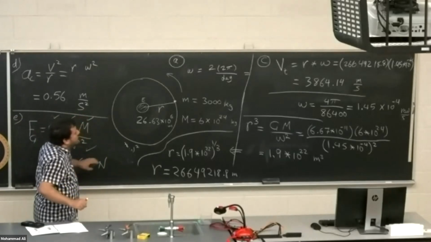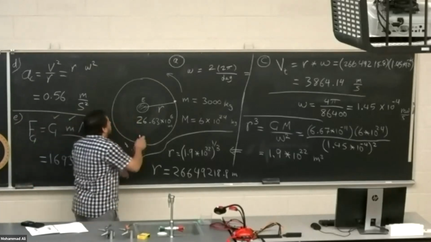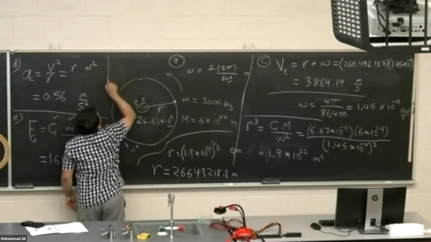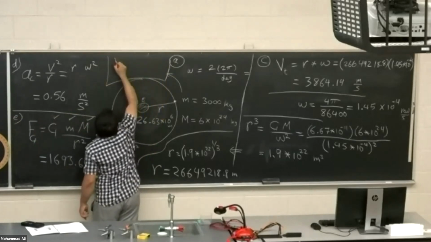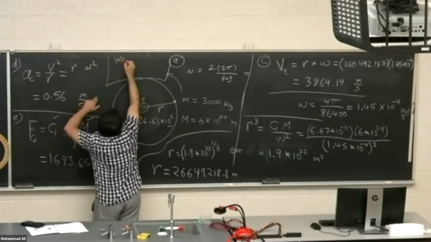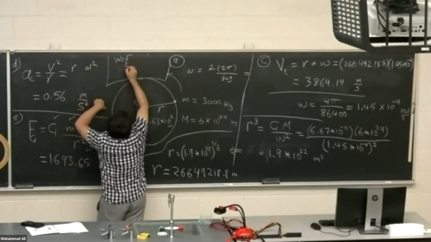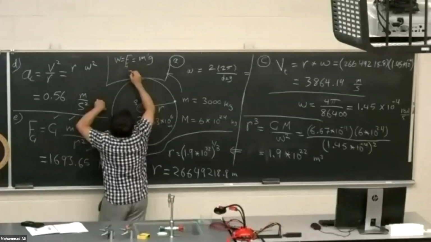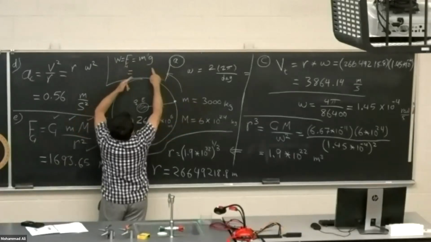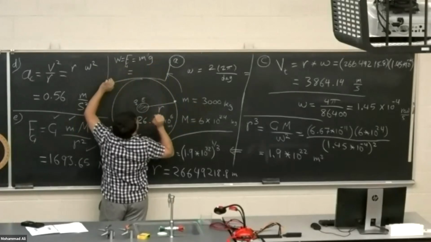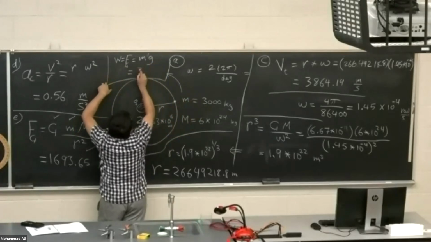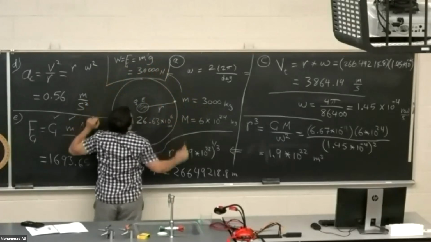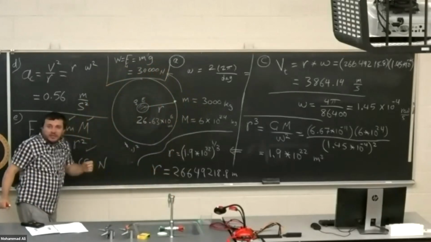If I ask you, what is the weight of this satellite at Earth's surface? You will tell me simply it is the weight, which is the gravitational force at Earth's surface, which is mg, which is equal to m multiplied by g. Assume it is not 9.8, assume it is 10. It will be 30,000 newtons. Right?